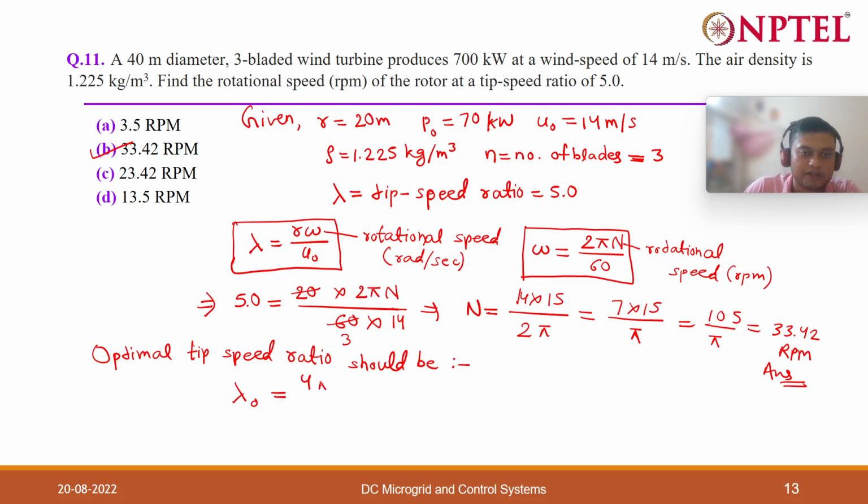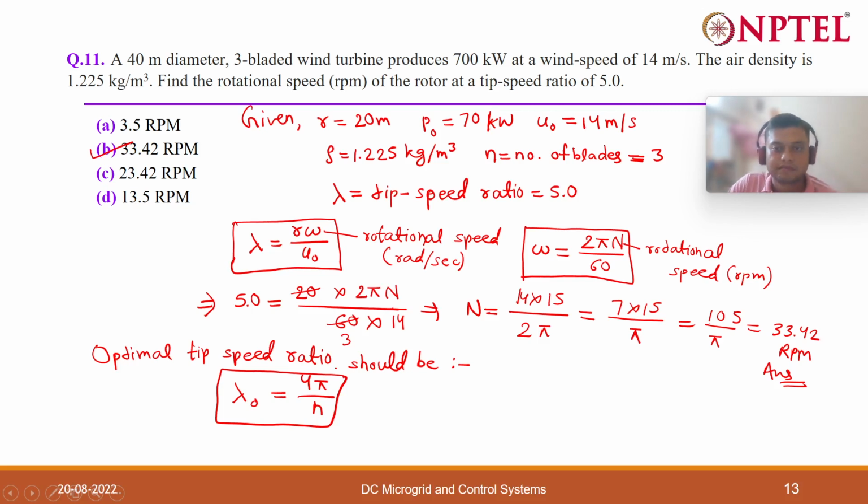Optimal tip speed ratio should be 4 pi divided by n, where n is the number of blades. So this is the formula for optimal tip speed ratio.